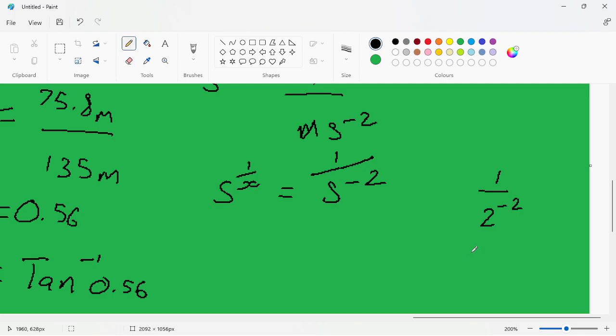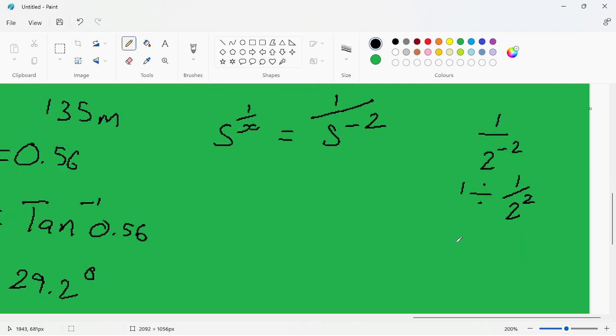That's basically saying 1 divided by 1 divided by 2 squared. When we have a division and we have a fraction, we flip the fraction, we reciprocate it, so we get 1, and we change the division to multiplication. So we get 1 times 2 squared over 1. So basically, when you have a negative in the denominator, you can just bring the number from the denominator up and remove the negative power and change it to a positive power.